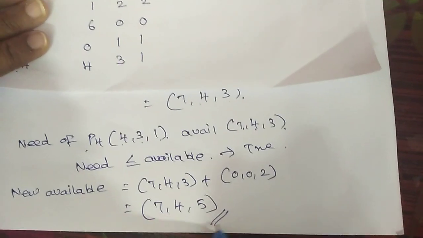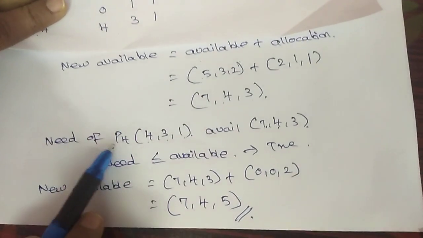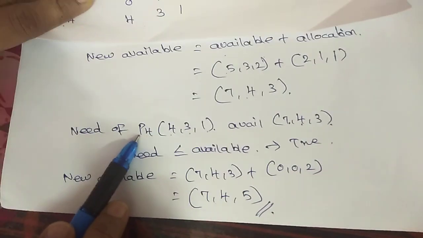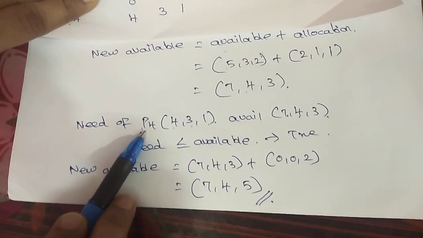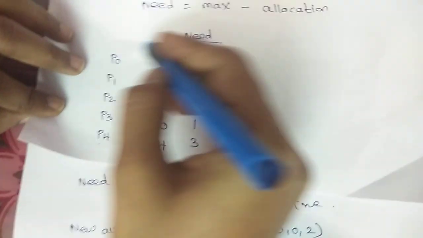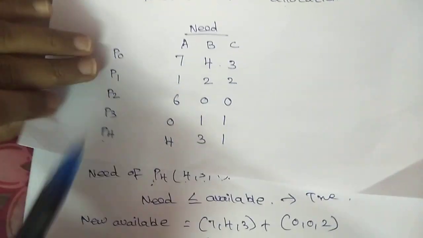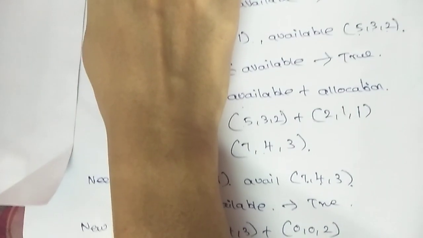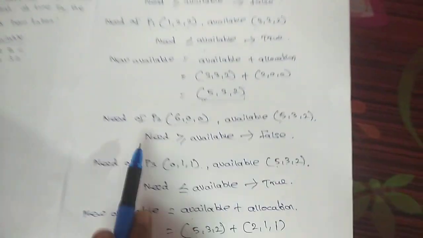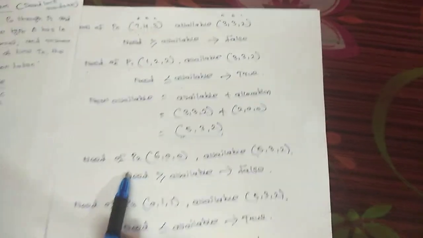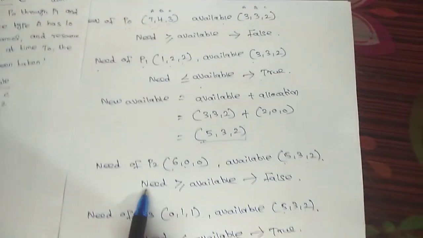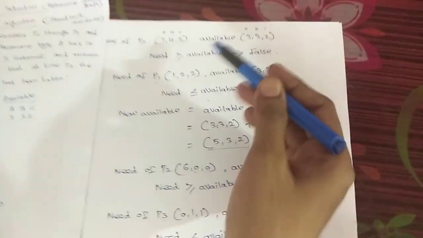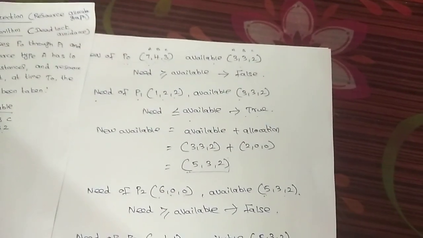That is the new available after granting the request of process P4. Okay, at that time all the processes are granted the request except process P0 and process P2. The requests of process P0 and process P2 are neglected, and all the other processes are completed.